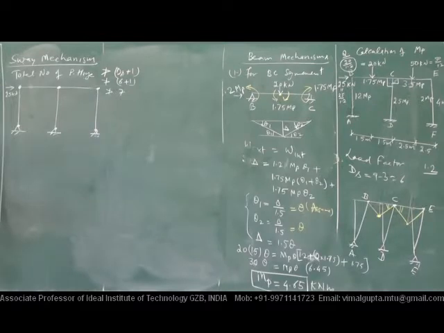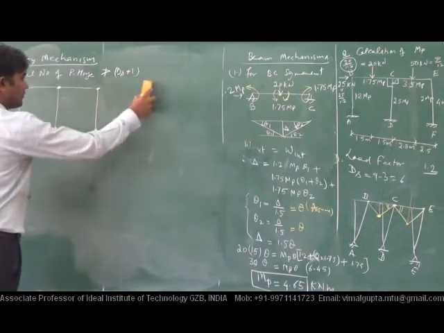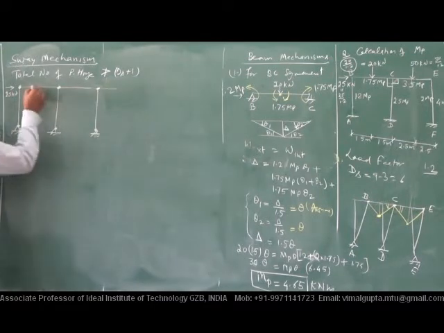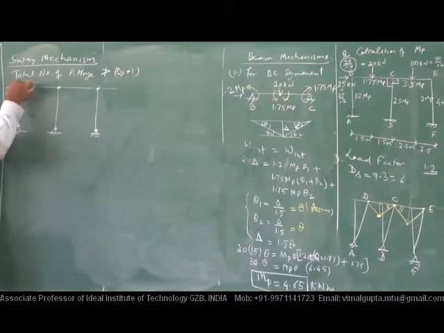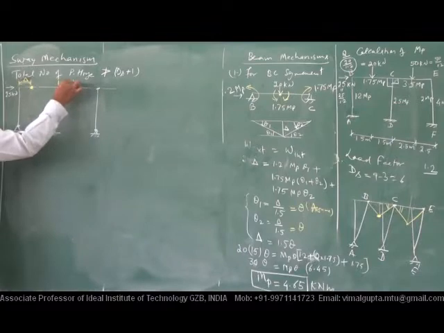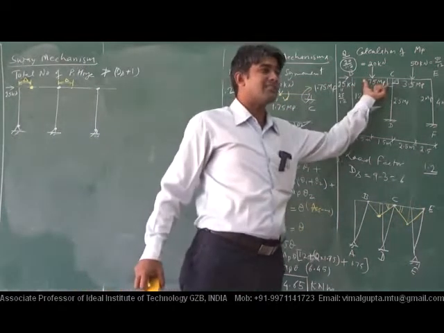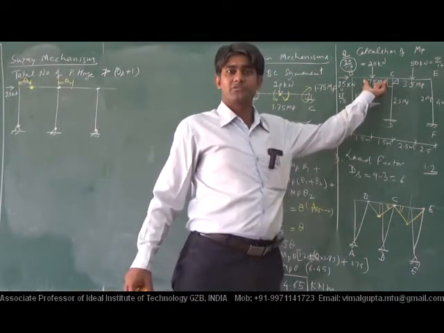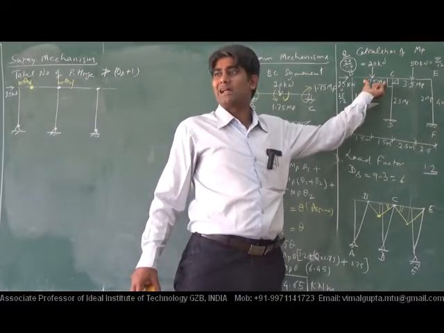If this joint has been displaced by amount delta, then that joint has to be displaced by the same value delta, because the length BC is not going to change.